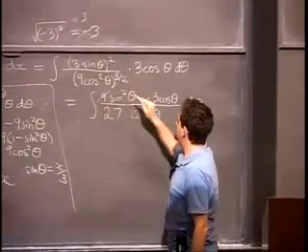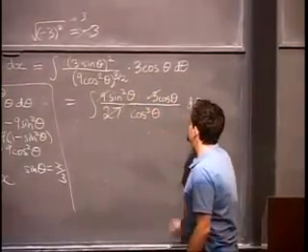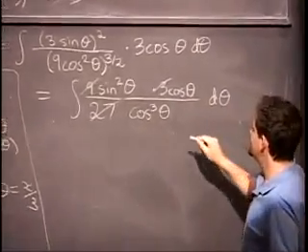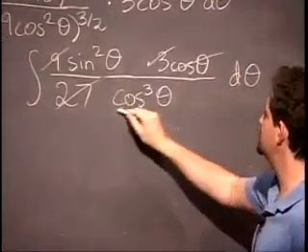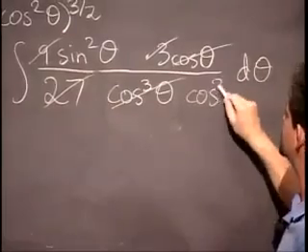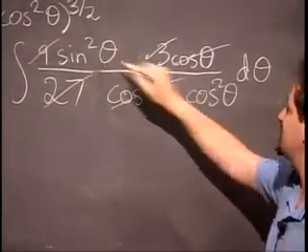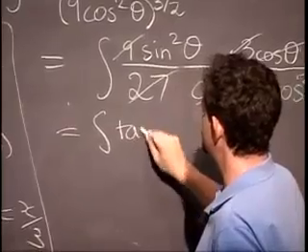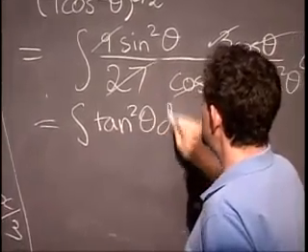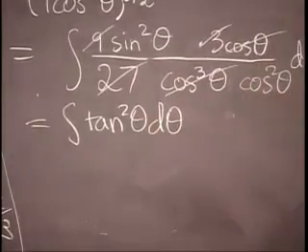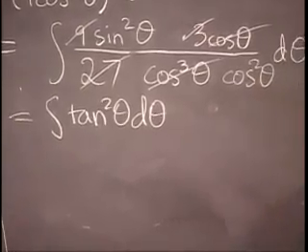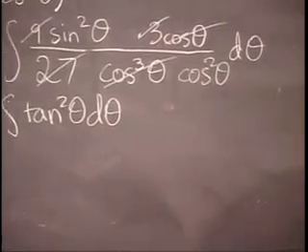Actually, the 9 and the 3 cancel out with the 27, as it turns out. Cosine theta kills off 1 power, and you get cosine squared theta. So we end up with sine squared over cosine squared, which is just tan squared. Now you see that we have a power of a trig function, and that's why I spent the first 40 minutes or so, 45, whatever it was, going through powers of trig functions.